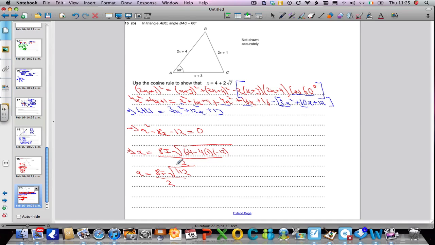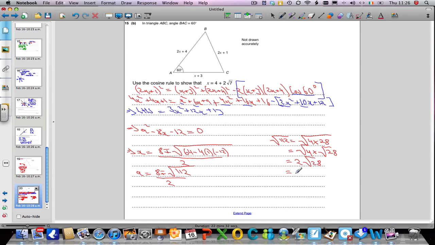Now 112, let's do this over the side. 112 is actually equal to 4 times 28. So 4 times 28, which is equal to root 4 times root 28, is equal to 2 root 28.